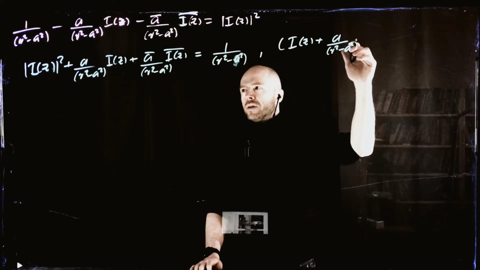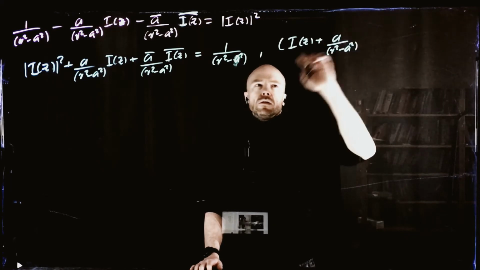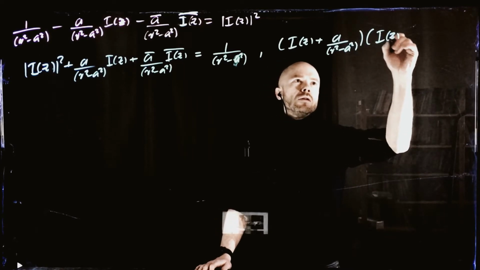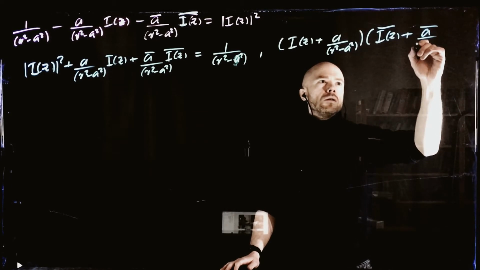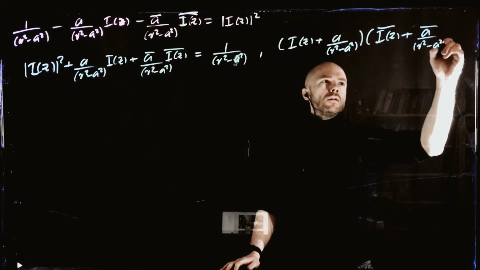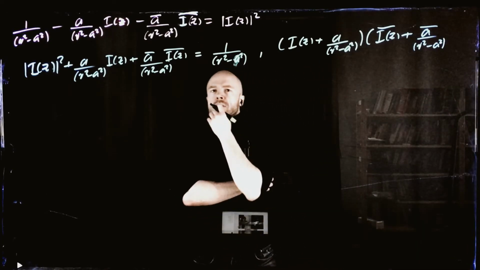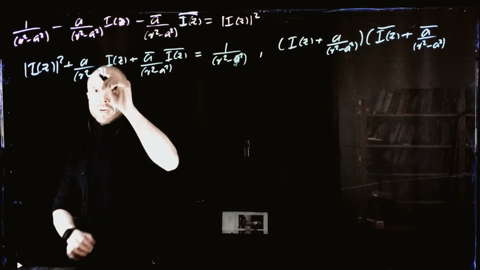So if we multiply that out, is that going to work? Let's try this. So when I write a squared, I mean mod a squared throughout.